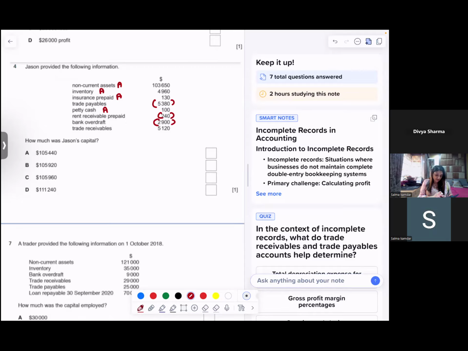So we will do 103,650 plus 4960 plus 130 minus 5380 plus 100 minus 240 minus 2900 plus 5120. So it is 105440. So the answer is option A. Okay, you can go ahead, please.